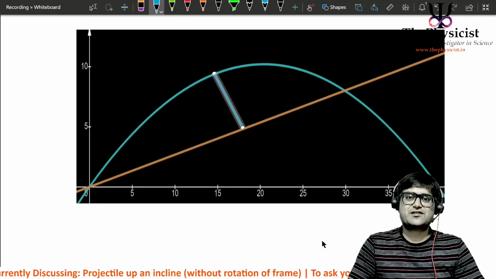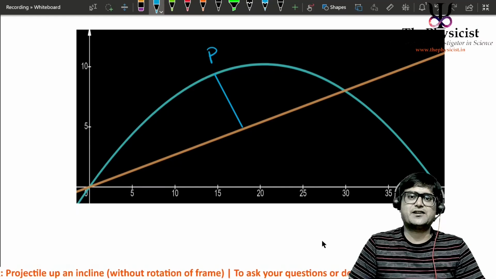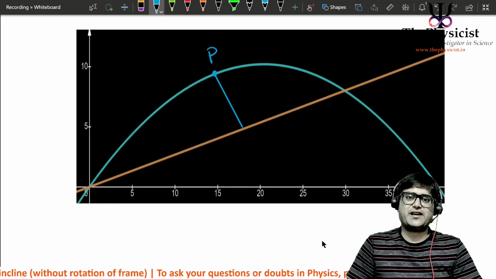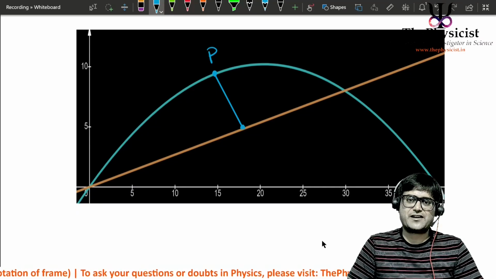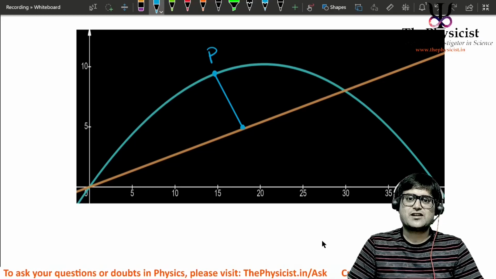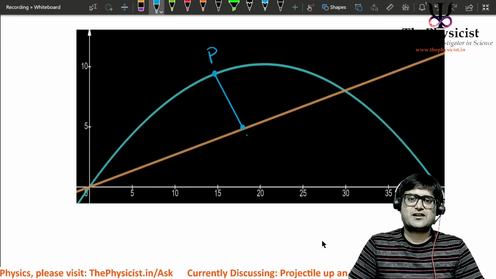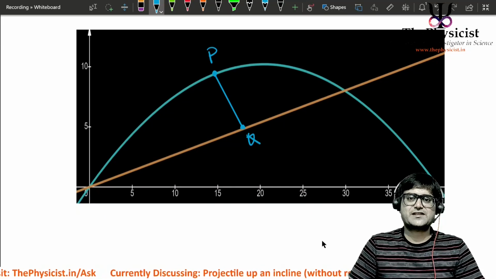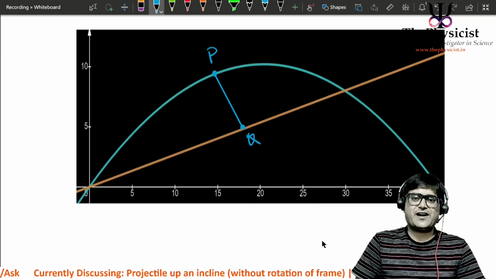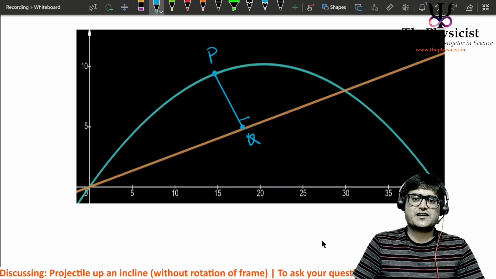So let's call this point as point P. If I take this particular line as a normal, let me call this one Q. Now from Q, this is 90 degrees.